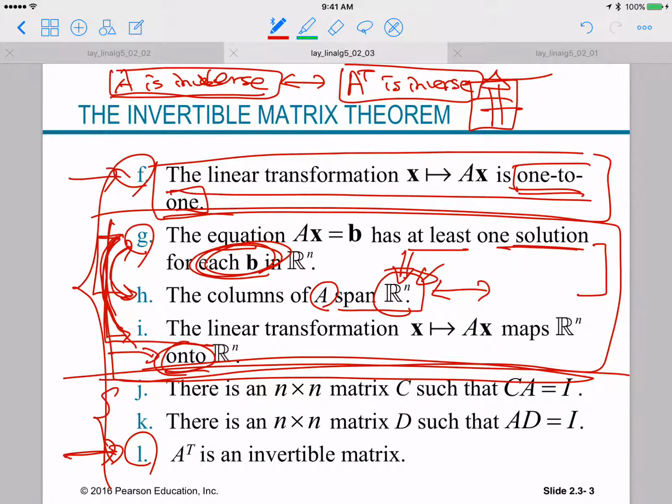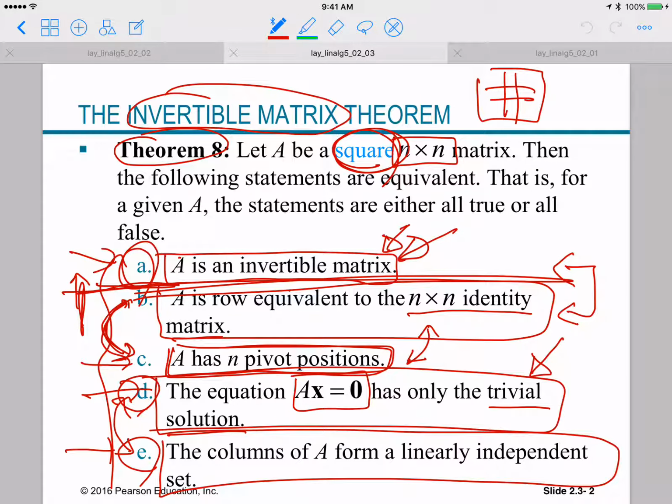Why are we not proving or considering what if matrix A is not invertible, and whether these statements are still true? They are logically equivalent, which means, in other words, this theorem 8 is only saying the situation when your matrix A is invertible. So what if your matrix is not invertible? Can we not use any of them?